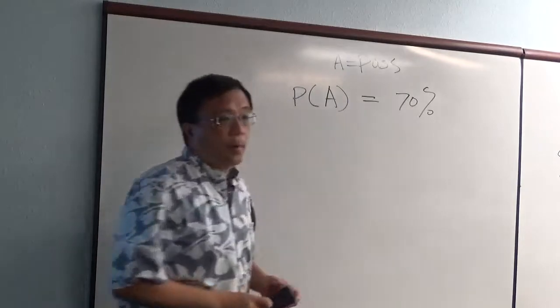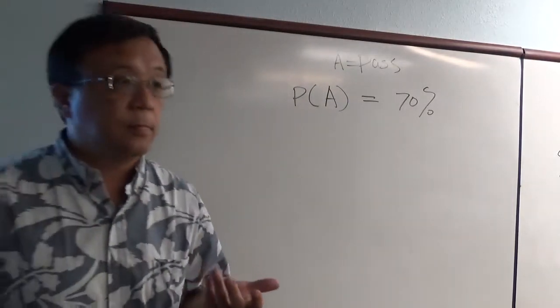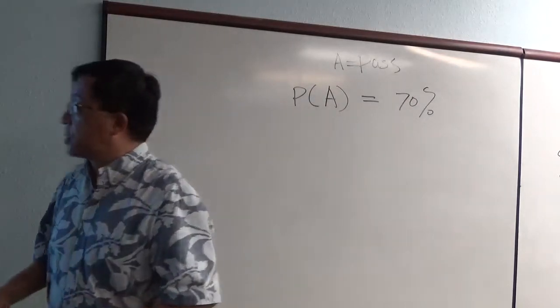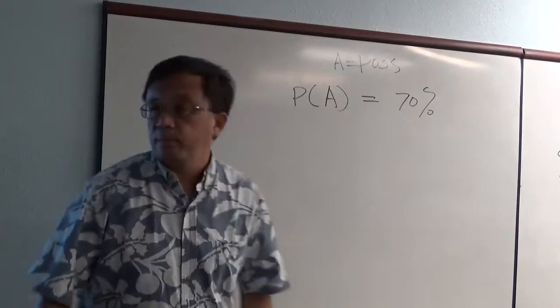What is the probability that you will fail this class? 30%. How do you know? Because there's 7 out of 10, so the remainder would be 3. And so in statistics, the 2 events are called complement events.